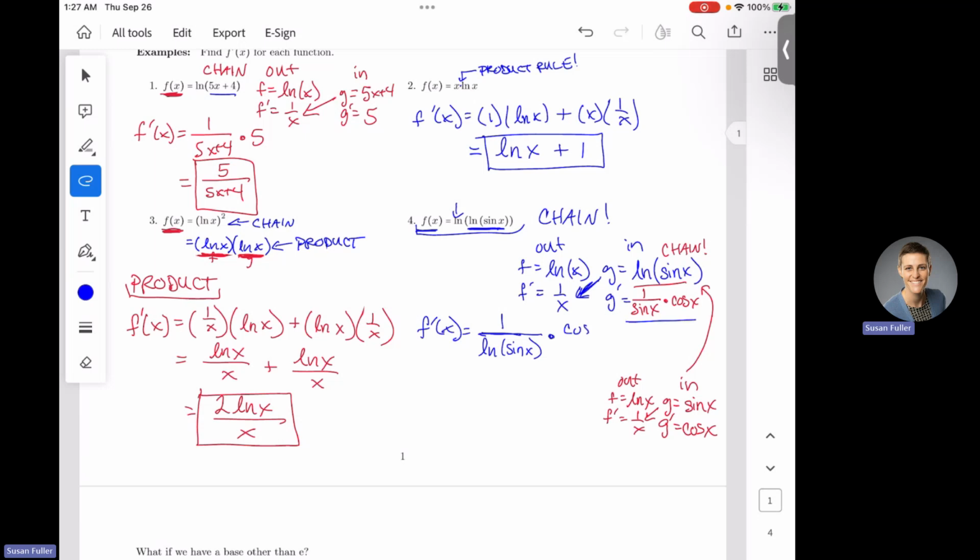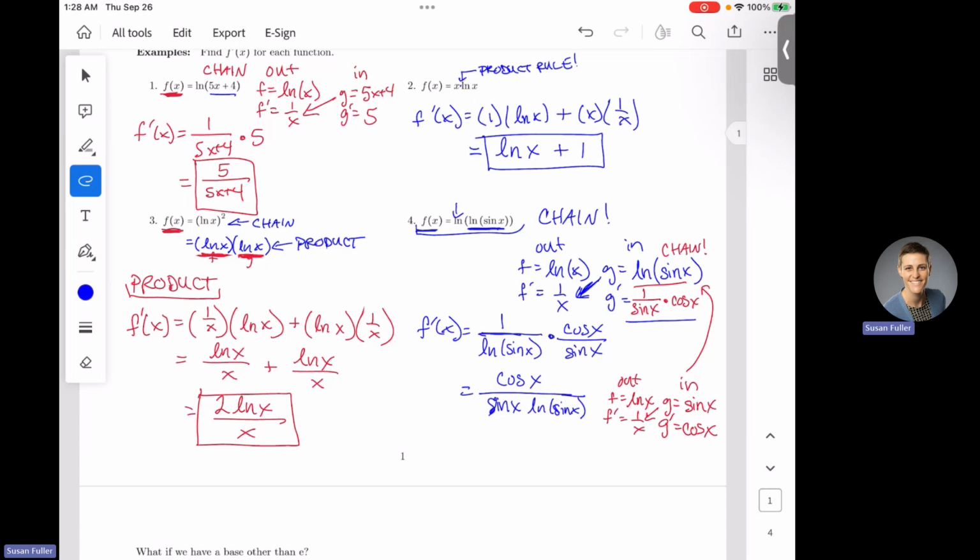I'm going to write that as cosine of x over sine x because my brain likes that better. I'm just going to put it into a single fraction. And that's my derivative. If you really want to, you could put this all into one function, cosine x over ln. I'm going to put the sine of x in front so I know what's inside where.